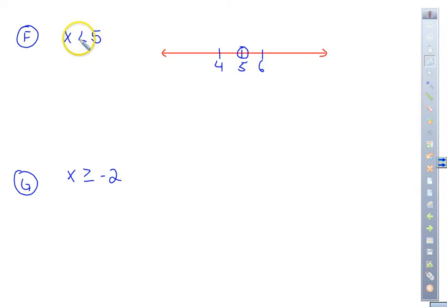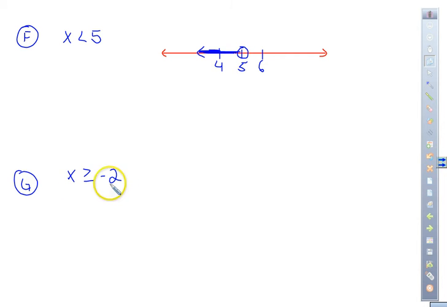And it says that x is less than 5. So since it's less, we're going to draw our line and put an arrow at the end. I'm just going to draw a simple little arrow. But you'll shade this in like that. This is open because it does not include 5.